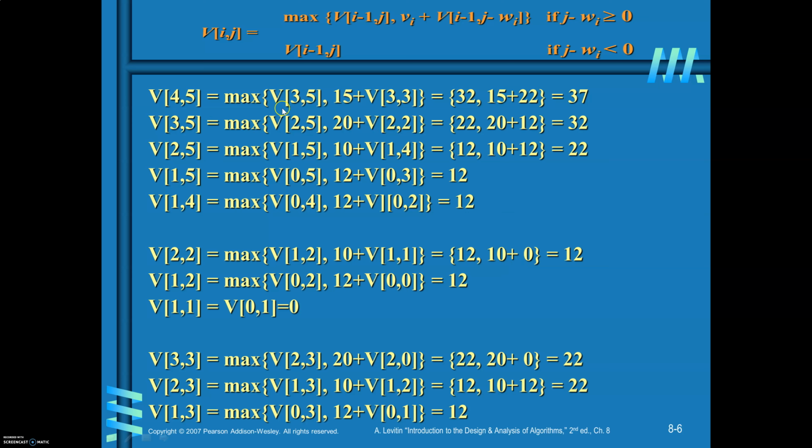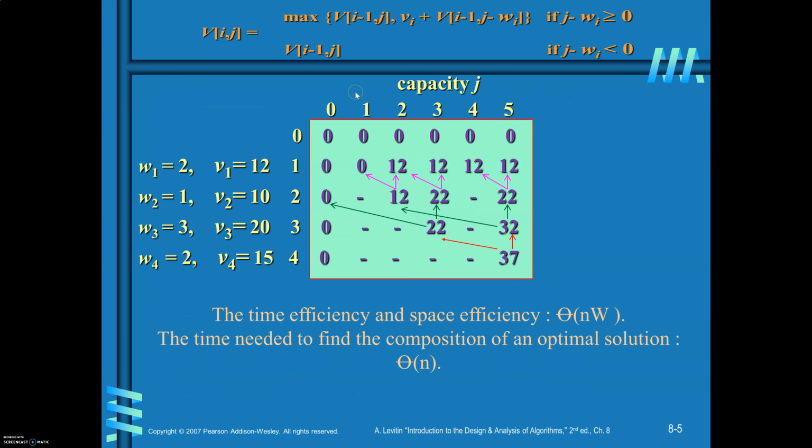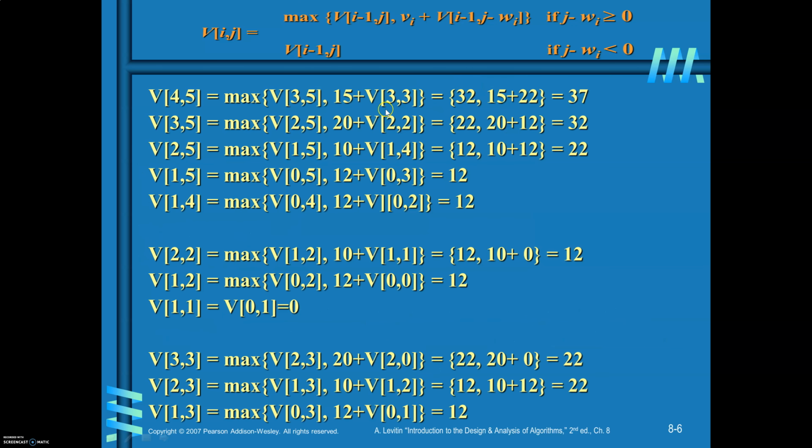V(4,5) is equal to the maximum of V(3,5) and 15 plus V(3, j-w(i)), where the value of the fourth item is 15 and 5 minus the weight of the fourth item, 2, is 3.